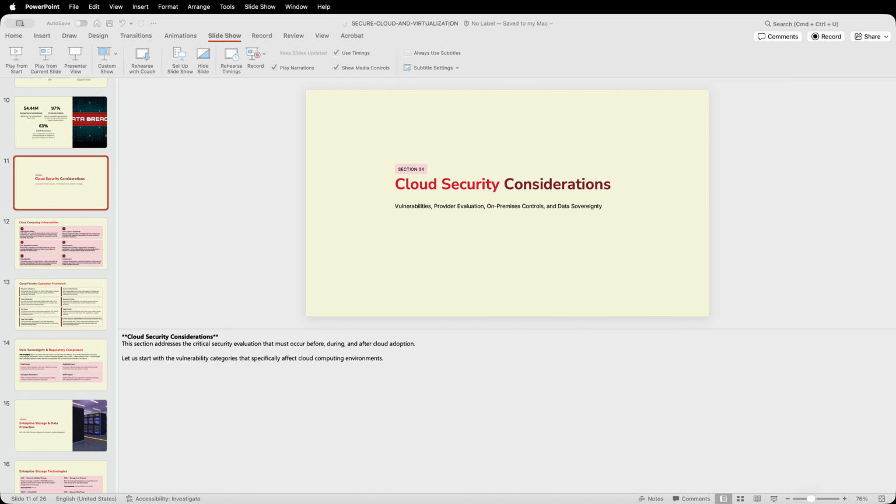Now, for data remnants, when cloud infrastructure is decommissioned, retired, or reallocated, residual data on the storage media represents a significant confidentiality risk. Standard formatting operations do not securely erase data. They merely remove file system pointers while leaving the actual data recoverable.